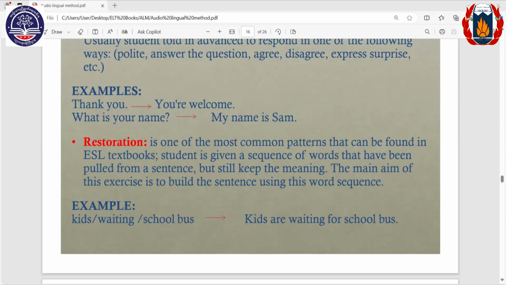Students need to put the words into a sentence orderly, into a meaningful sentence. Like kids waiting school bus, the learners need to write, it's waiting for school bus. Like restoration. This activity is also familiar.